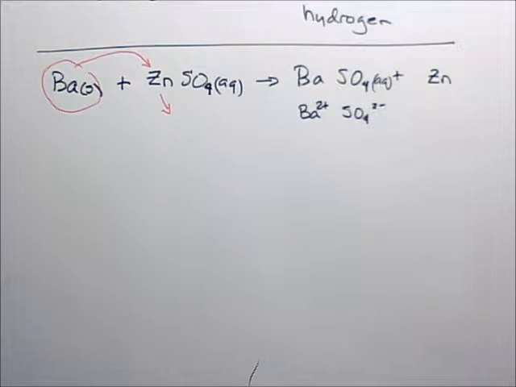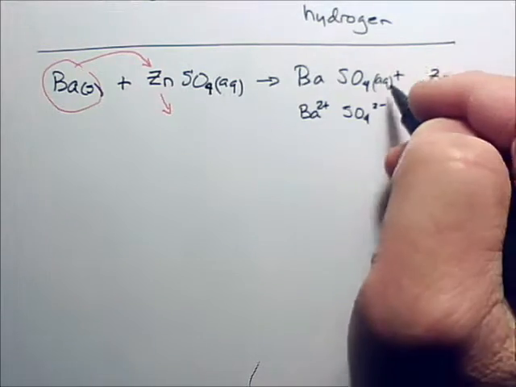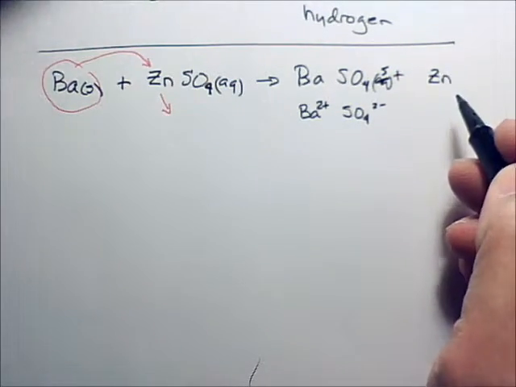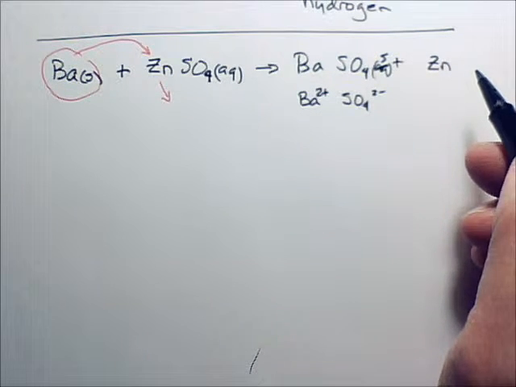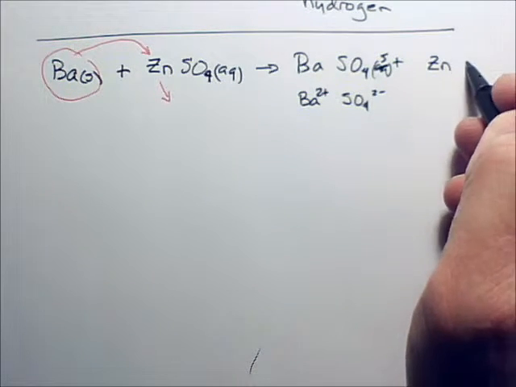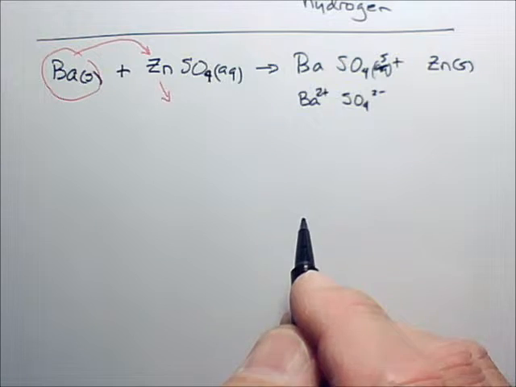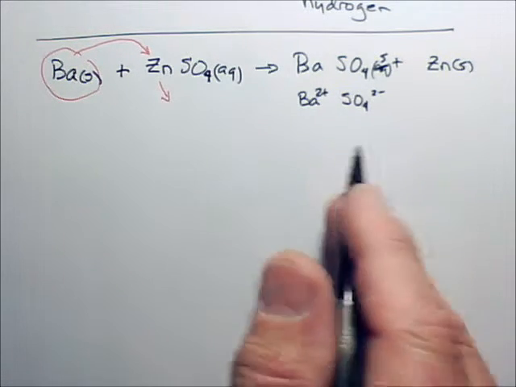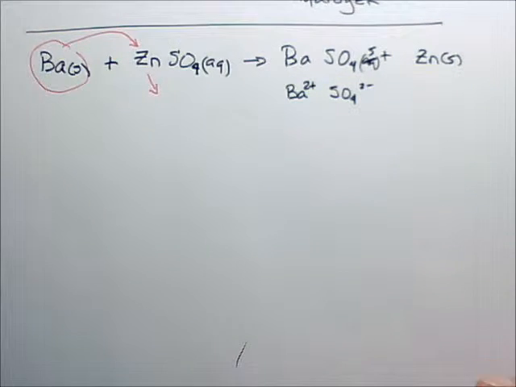I'm thinking barium sulfate is an exception. And indeed it is. So this is going to be a solid. Okay? Now, zinc metal. What physical state is it going to be in? Yeah, metals are solids, aren't they? Unless you really heat them up. They're solids. And we're running all these at room temperature. You assume it to be in lab temperature.